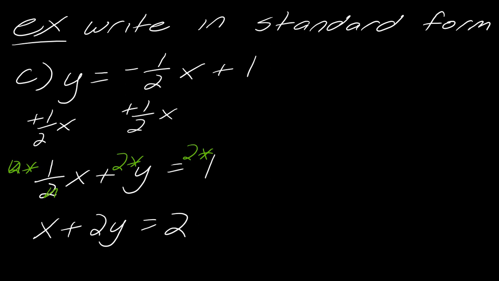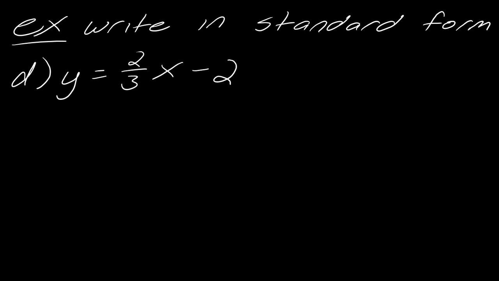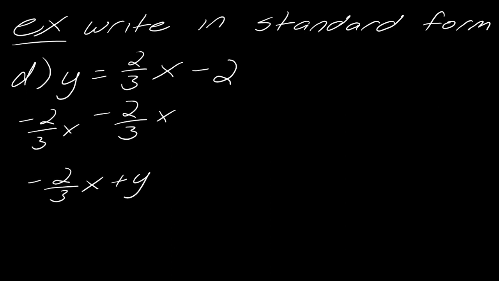Okay, so for this last one, I highly recommend that you try this on your own and then hit play when you're ready. First things first, I just want to subtract off that 2/3 x, so negative 2/3 x plus y equals negative 2.